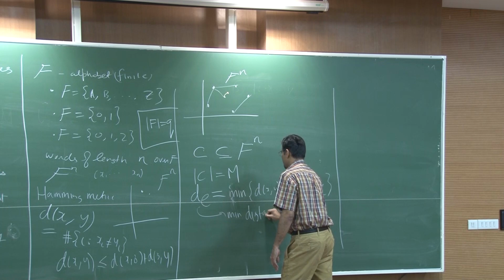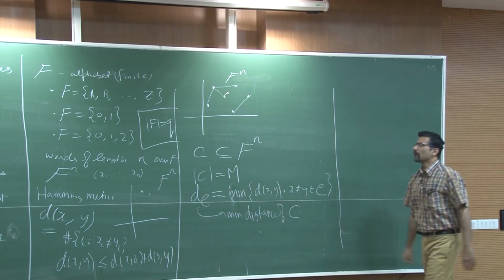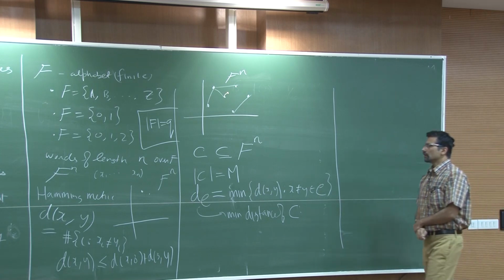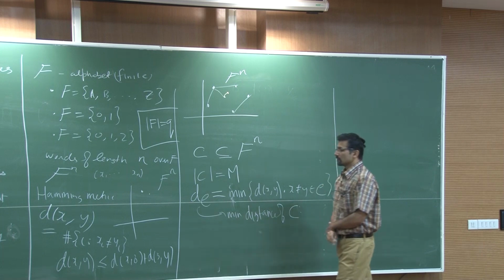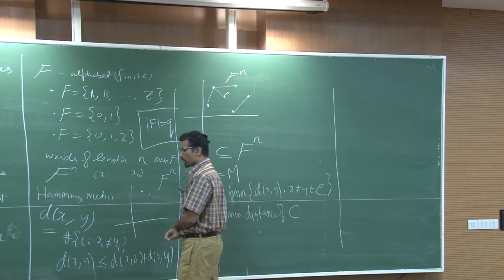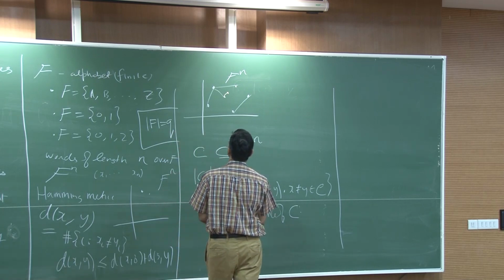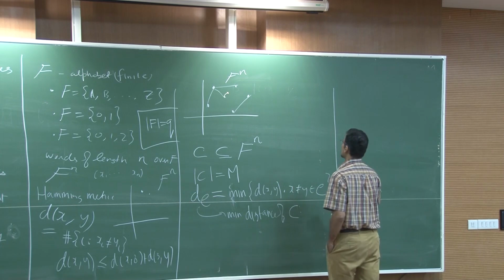It's called the minimum distance of the code. Minimum distance of C. Now, if you have a metric space, what can you talk about? Balls.